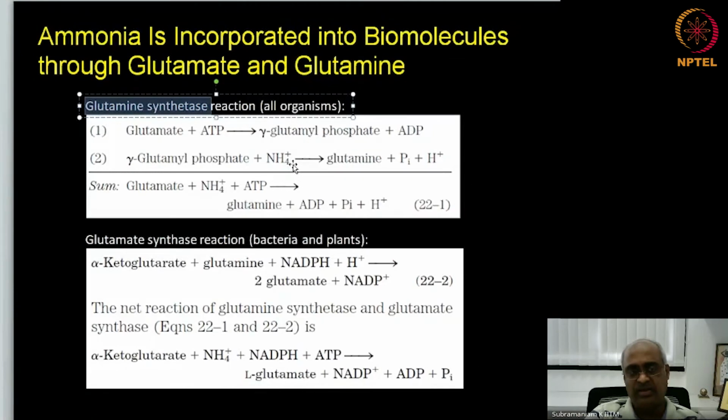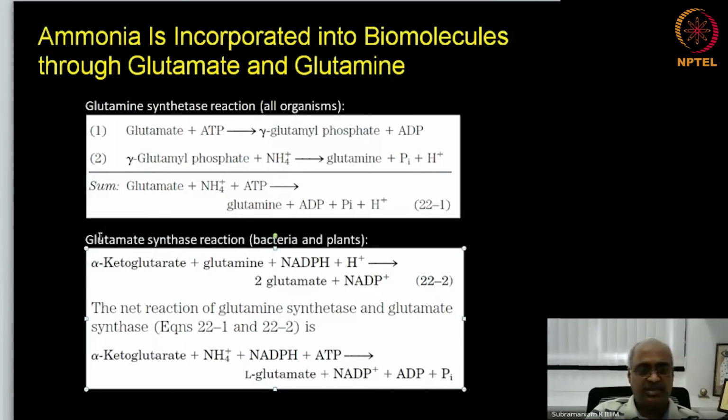And that ammonia is incorporated into glutamate, into glutamine, and that glutamine is the one that is brought to the liver for excreting ammonia. Here in such a context, we are talking about already existing nitrogen. In the root nodules, what is happening is new ammonia is produced from the atmosphere's free nitrogen. So that's the difference.